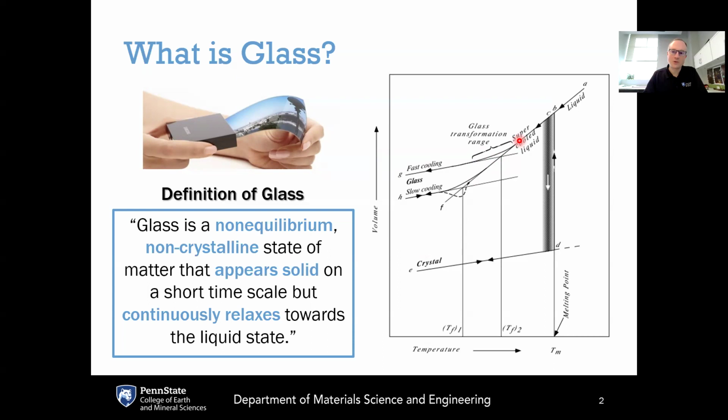The faster you cool the supercooled liquid, the less time the supercooled liquid has to be able to adjust to those new temperatures as it's being cooled. And as a result, the supercooled liquid, when it is cooled quickly, will fall out of equilibrium at a higher temperature because you've given it less time to equilibrate. And if it has less time to equilibrate, then it will undergo this kinetic transition at a higher temperature.